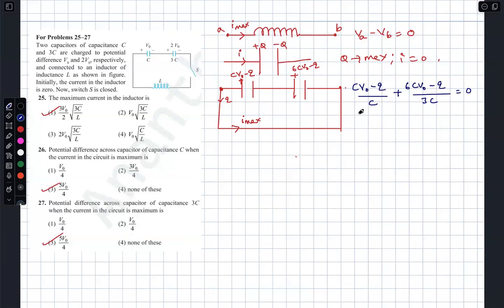Any doubt in this step, by the way, Geetika, Mahant, Aditya? No sir. V naught minus Q by C plus 2V naught minus Q by 3C is equal to 0. 3V naught is equal to 4Q by 3C, which implies the charge transferred is 9 CV naught by 4. That's the charge transferred across.